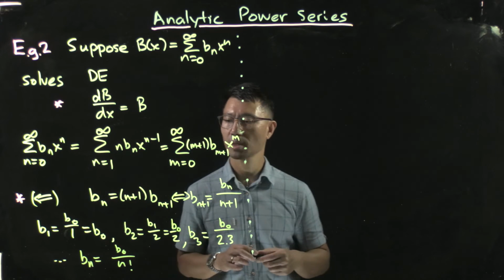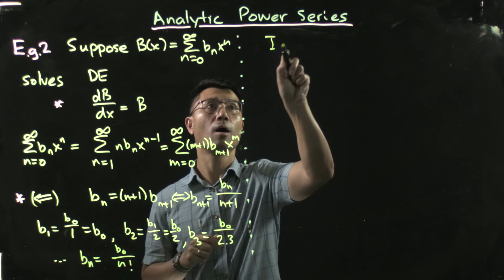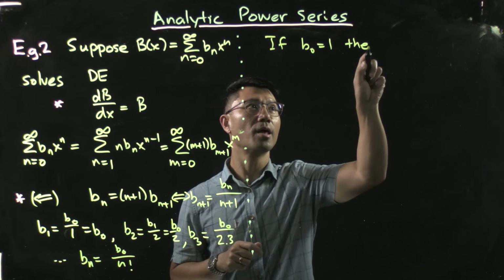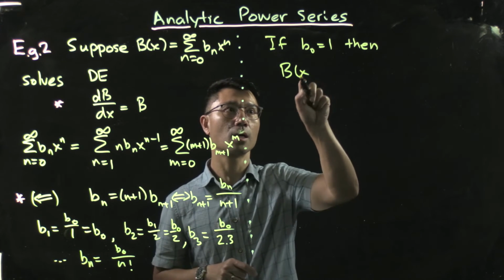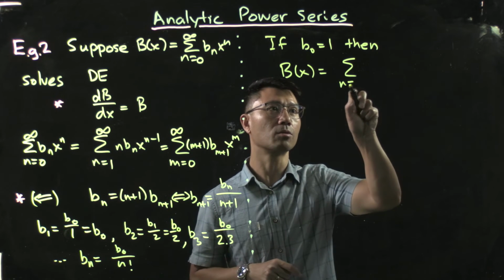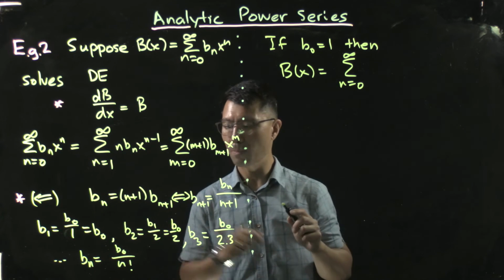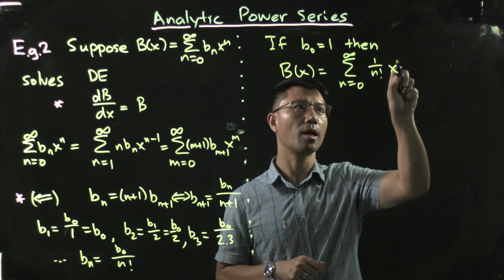So if b0 is equal to 1, then what do we get? We get b of x is equal to the sum from n equals 0 to infinity of 1 on n factorial x^n, with the 1s here for the b0s.